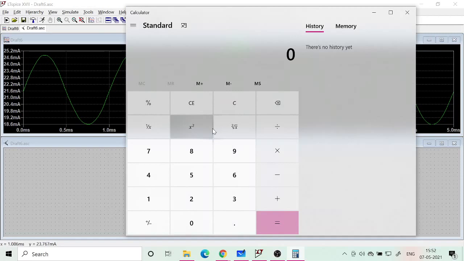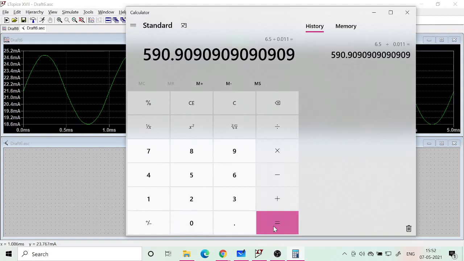So delta IC is 6.5 milliampere, and then that is divided by 11 microampere, which means 0.011 milliampere. So we get 590.